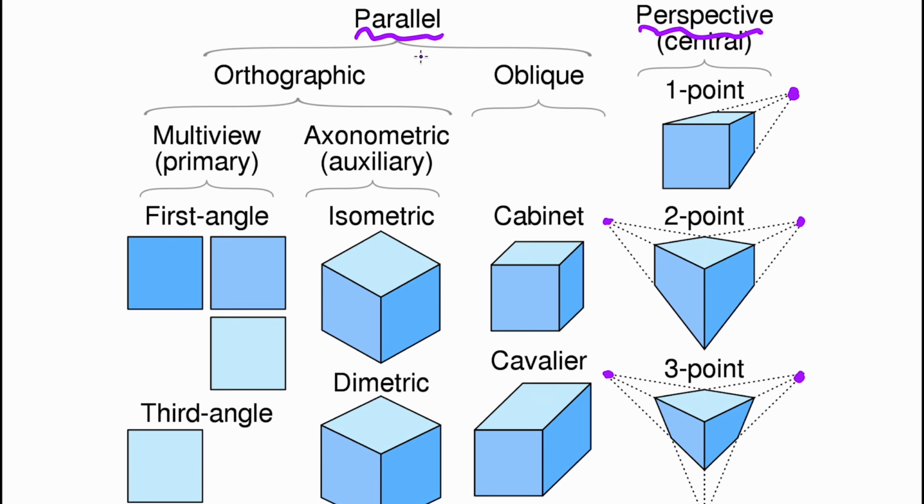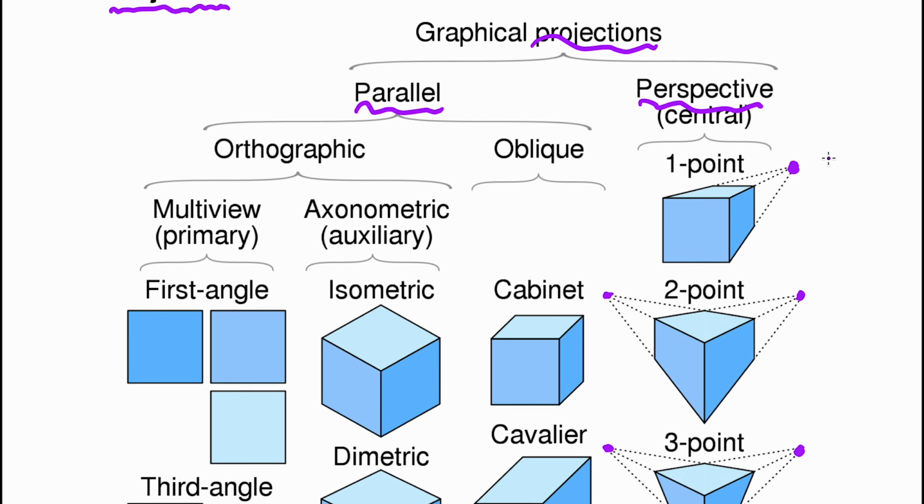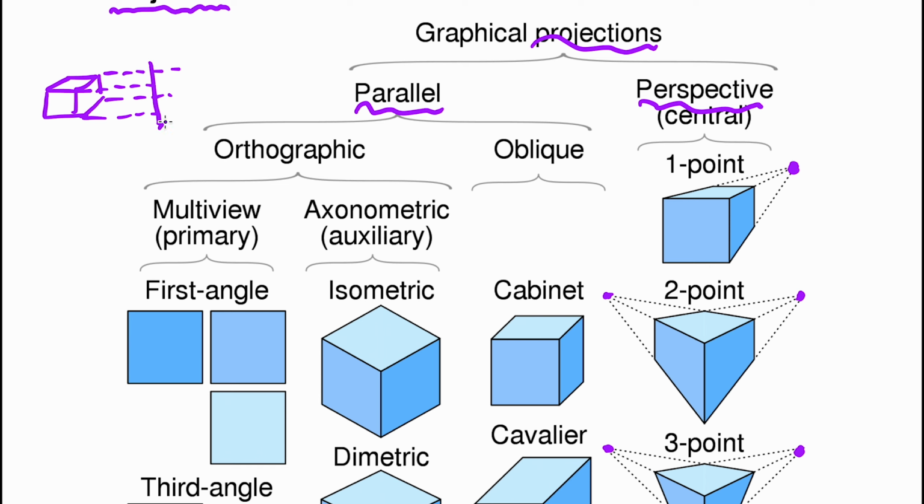Parallel projection is a type of projection where instead of these lines crossing each other, the projection rays are always parallel to each other, so they never cross. And when you shine them to a projection plane, you're going to get a view like this.